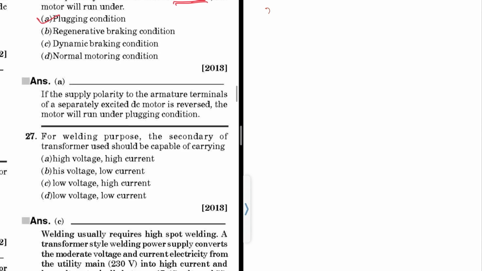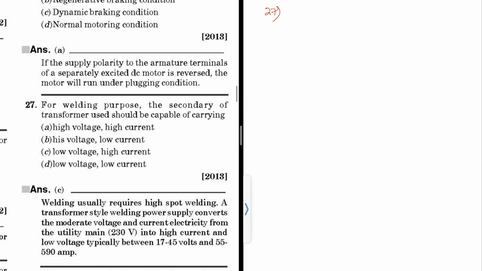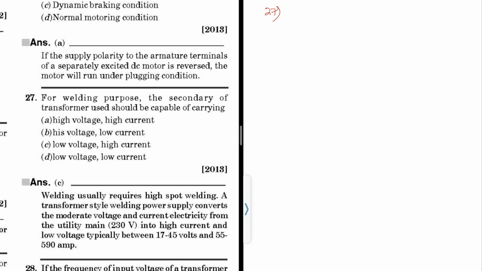So coming to the 27th question. For welding purposes, the secondary of the transformer. Now let me tell you, for welding purposes, we generally use a step down transformer. Step down means low voltage and high current. So why do we use step down?